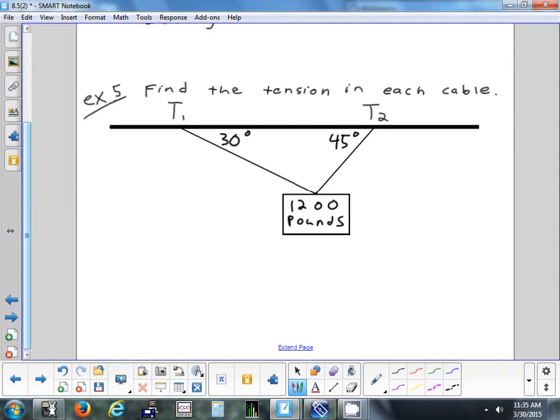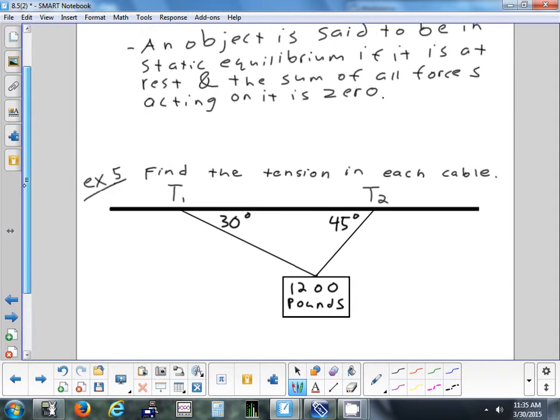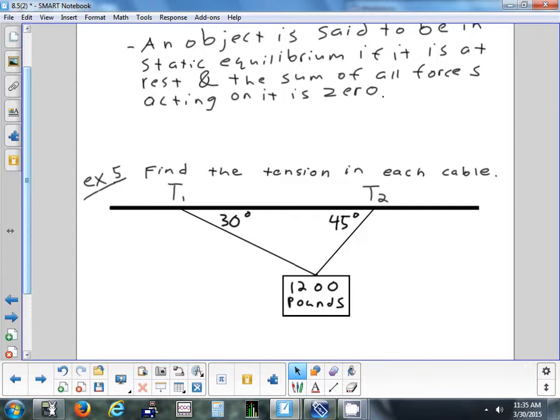Okay, so again, think of this as a two-dimensional problem where this object could potentially move up and down and left and right. If all the forces acting on this 1,200 pounds are balanced, and it's not moving, then we know that the force acting to the left must be the same as what?